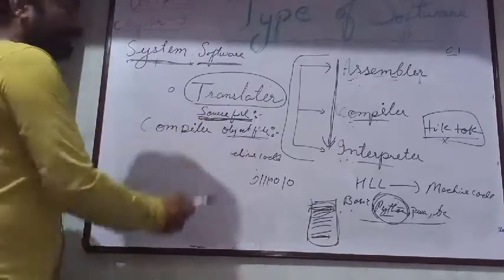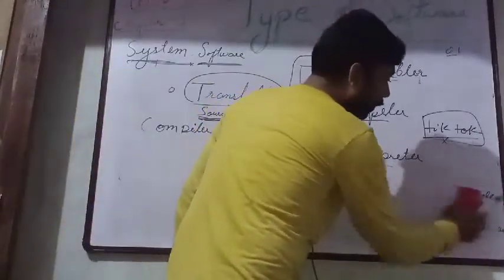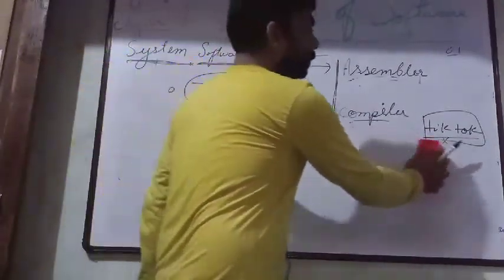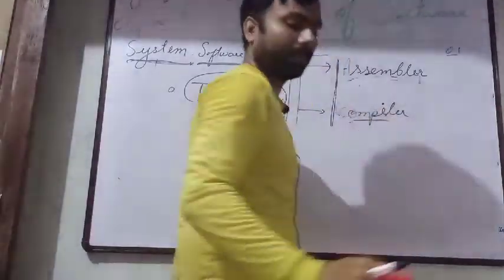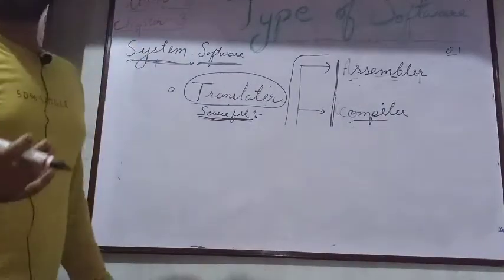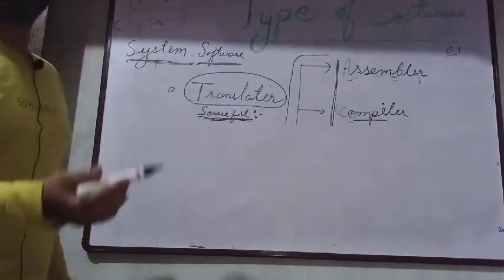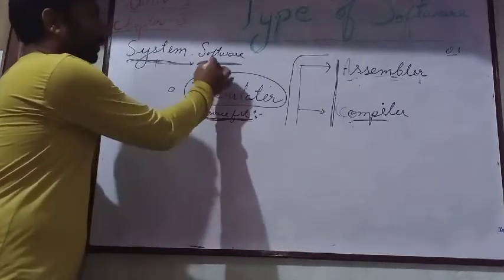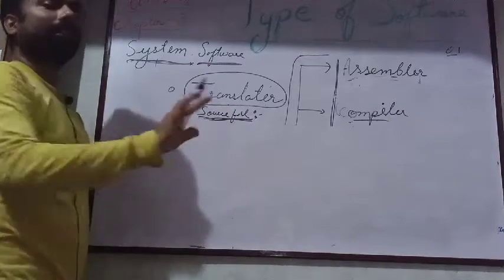It is very necessary in the computer, because until this software is there, nothing can execute. Who will convert your instruction, your program into machine code? These are responsible, that's why it is called system software. Without system software, the computer cannot run.